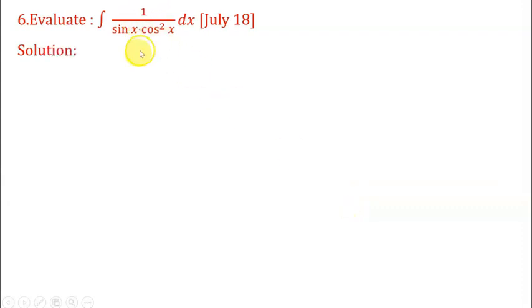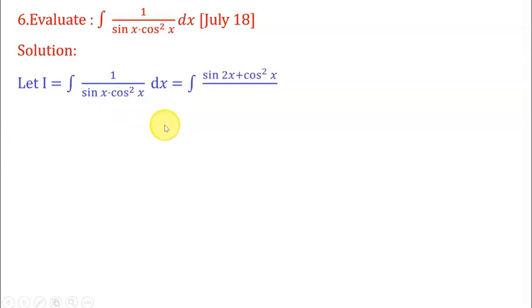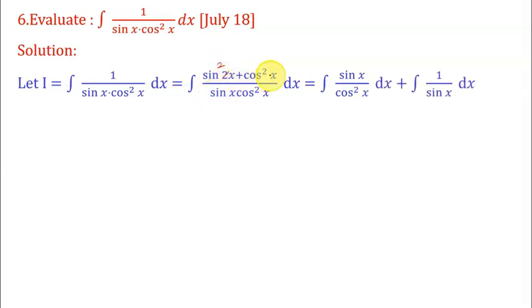Now, next example. Evaluate the integral of 1 upon sin x into cos square x, asked in the July 18 examination. Very simple example. I equals the integral of 1 upon sin x into cos square x. Now here we'll change the 1. What does 1 mean? Sin square x plus cos square x upon sin x into cos square x.